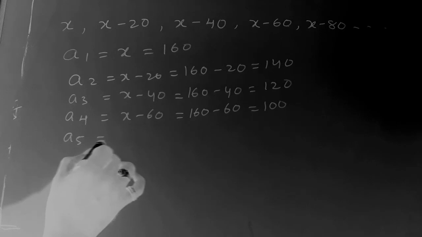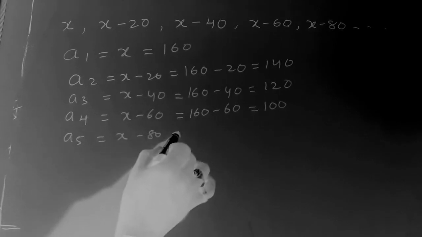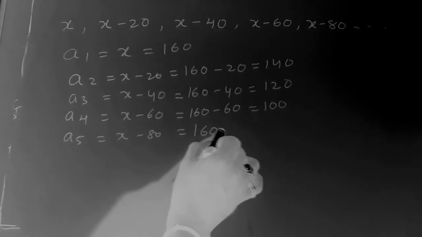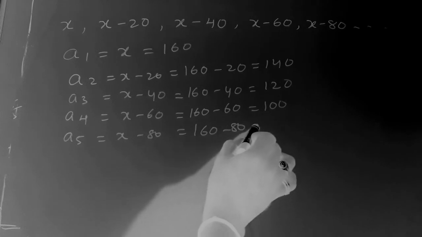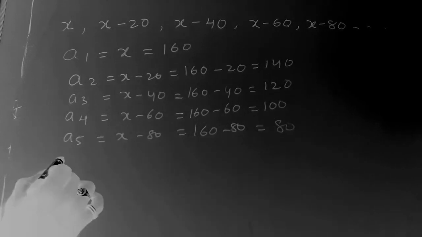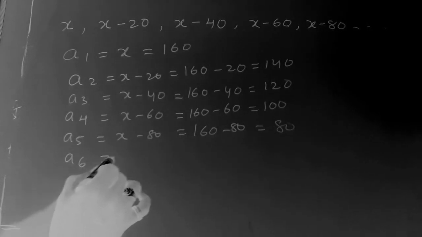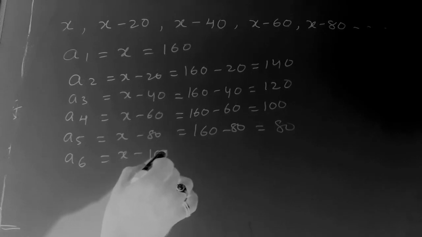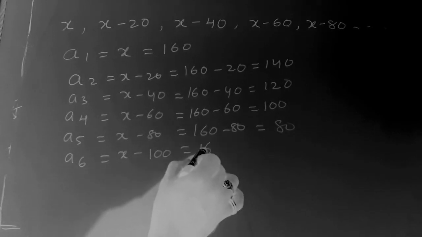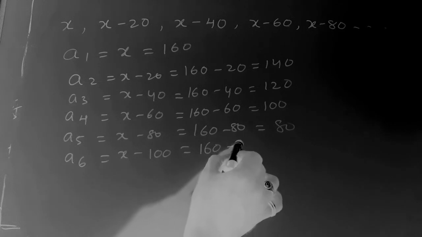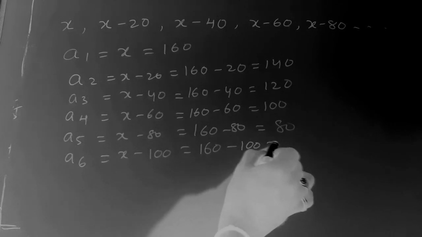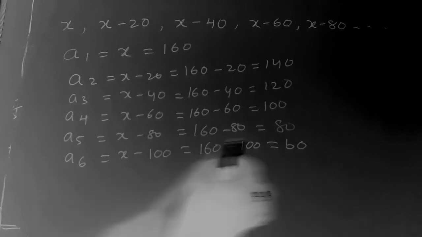The fifth prize is x minus 80, so 160 minus 80 is 80. The sixth prize is x minus 100, and 160 minus 100 is nothing but 60.